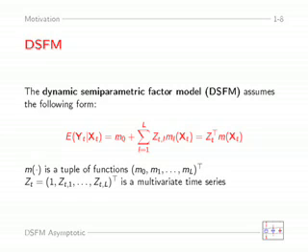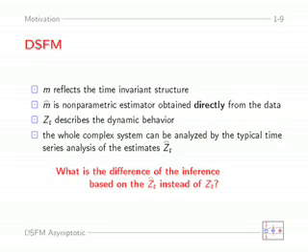For example, the moving maturities and moneyness points in the IV film. And the Z's constitute a multivariate time series to which econometricians would, for example, apply a vector autoregressive model to understand the dynamic of Z over time.